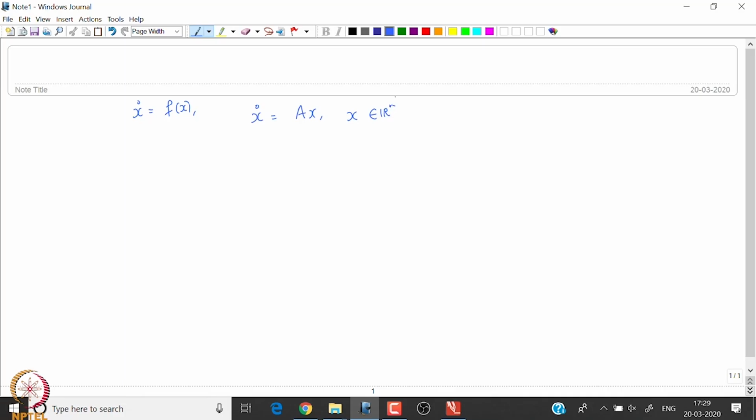Around this linearization, let us say at some equilibrium point x star, for stability, if A has at least one eigenvalue greater than 0, then we know that the system is unstable.